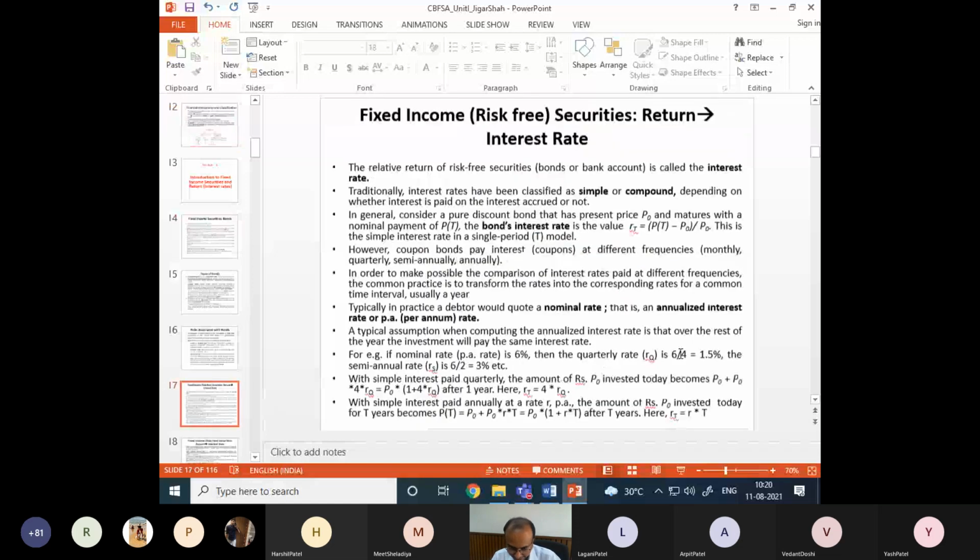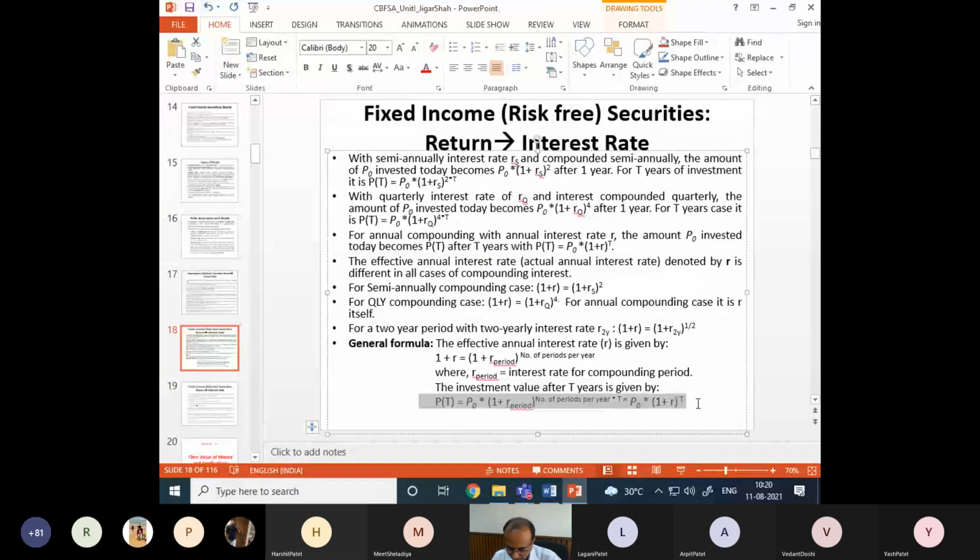Compounding. Yeah, we use this formula for compounding interest. If it is a period interest rate, we use this. If it is a number of years, we use this. That we have used in the derivation of the yield of the bond. The same formula we will use to find the compounding interest rate. We can also use this formula: if you have the R period interest rate available and if you know the number of periods per year, you can find the effective yield in the compounding formula.